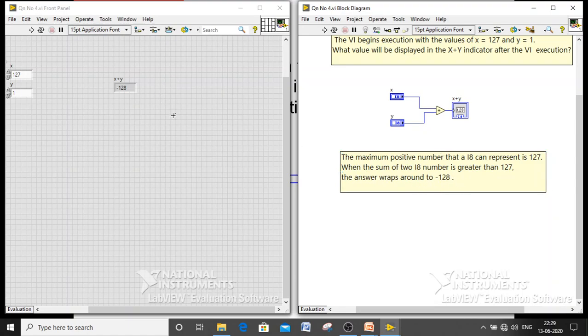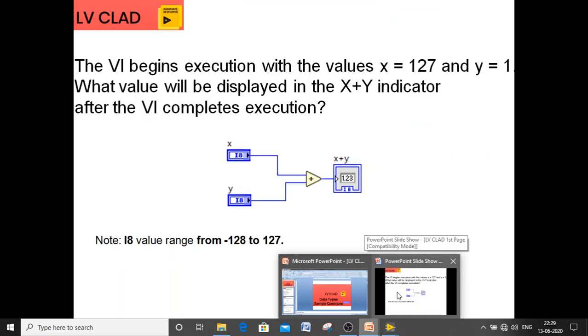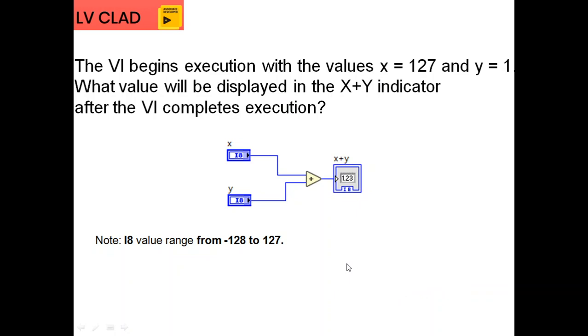So it starts again from minus 128. If you change this one to 2, you see minus 127. If the y value is 3, then it becomes minus 126. So always keep in mind what the range of values is for that case.